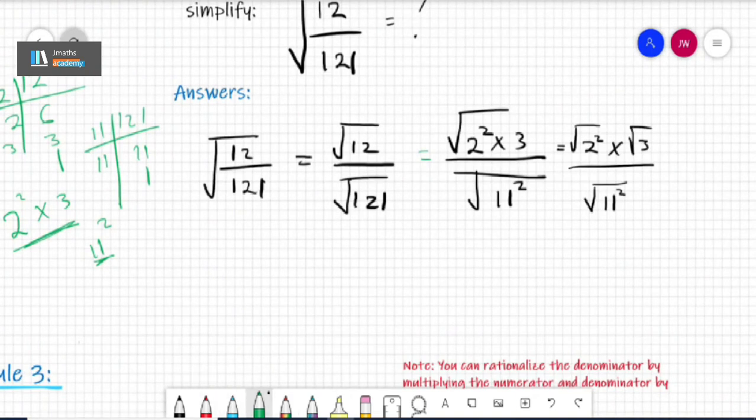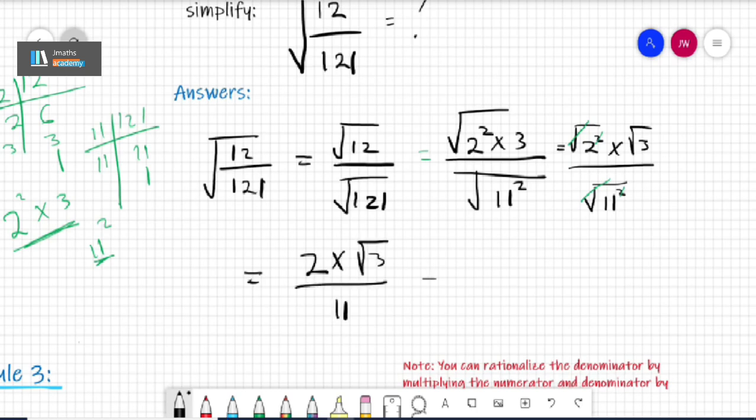So what I will simply do is to cancel out my root by my square, and I'll be left with 2 multiplied by the square root of 3 over 11. And finally, this will give us 2 root 3 over 11 in surd form.